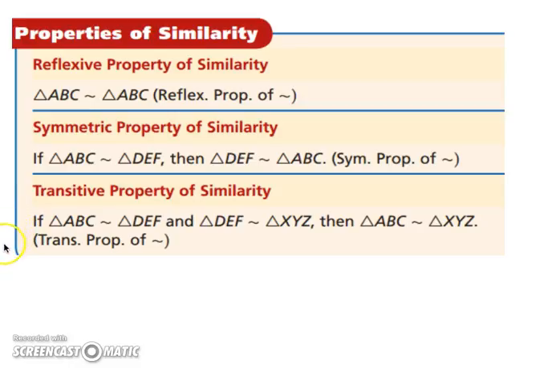And the transitive property of similarity would be if triangle ABC is similar to triangle DEF and triangle DEF is similar to triangle XYZ, then triangle ABC would be similar to triangle XYZ. These are all very similar to ones that you have learned in the past for equality and congruence. And that ends our lesson on triangle similarity, angle-angle, side-side-side, and side-angle-side.